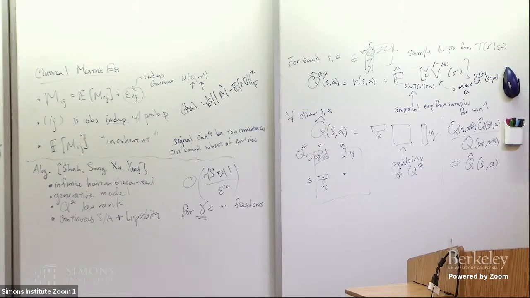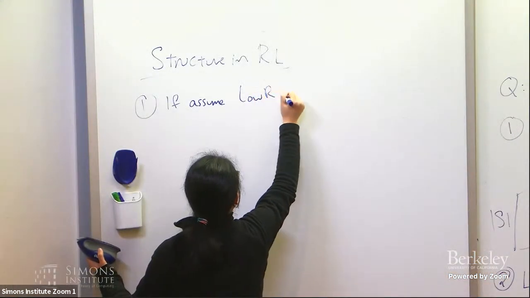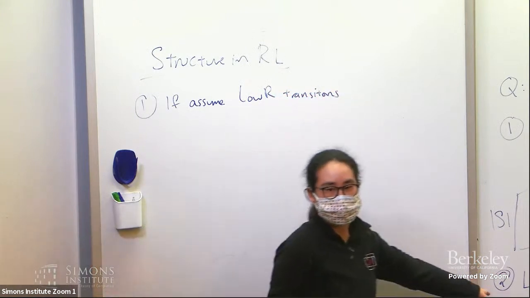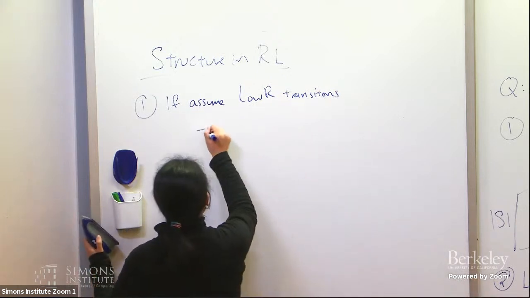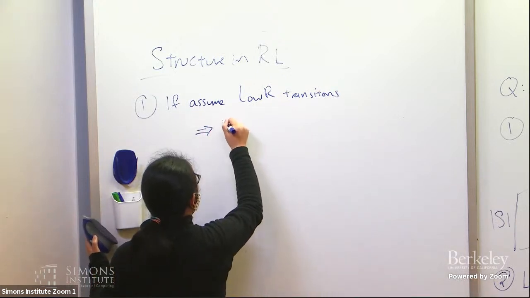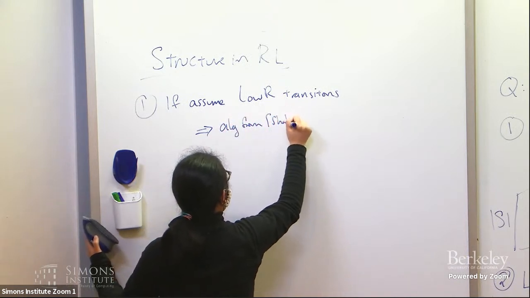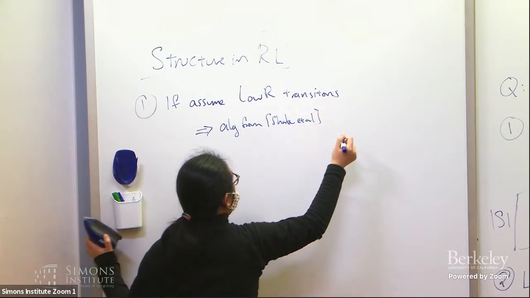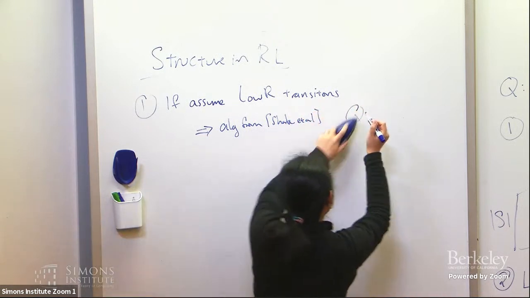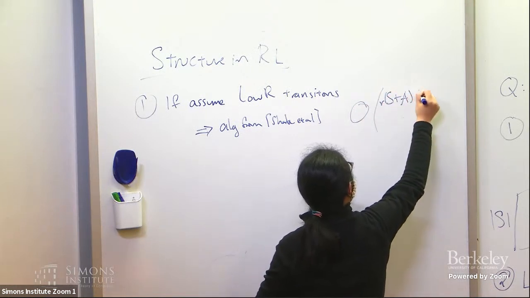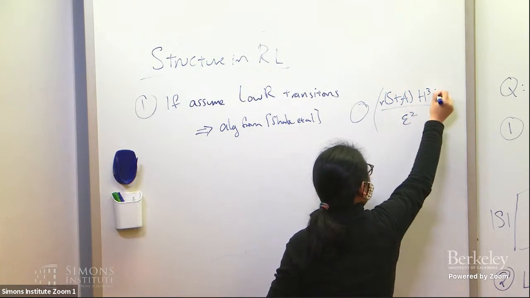The first comment is that if you assume low rank transitions, in terms of this particular form of low rank transitions, then their algorithm, the algorithm from Charles, does get a sample complexity of R times S plus A, H cubed over epsilon squared.